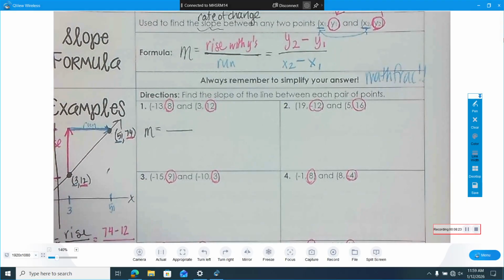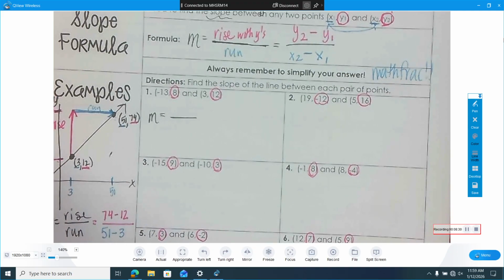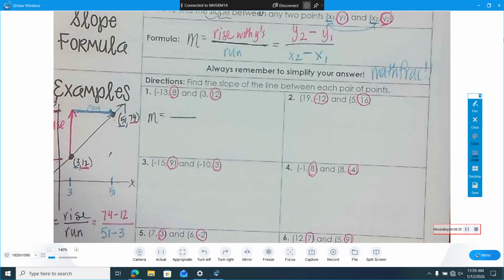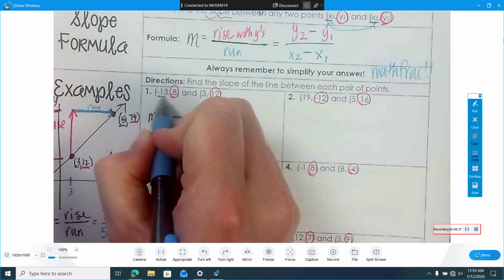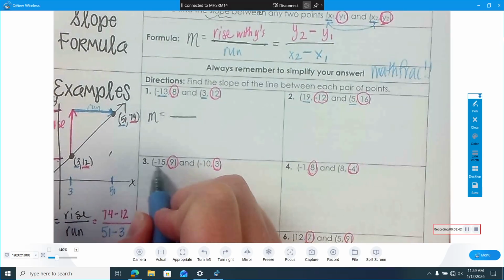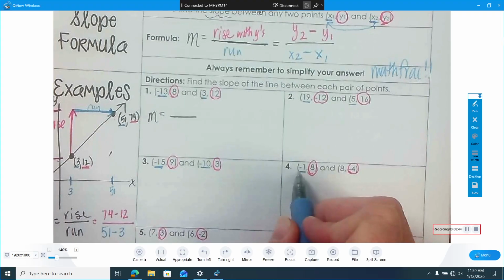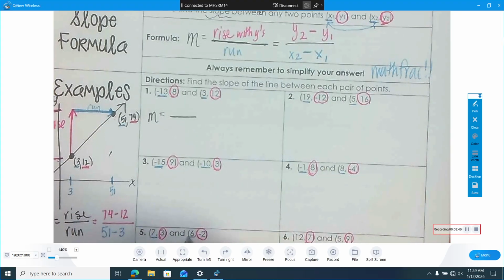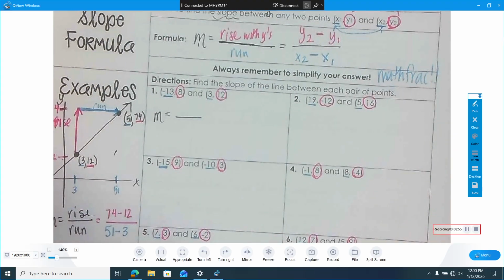So circle all the y coordinates, please, in one color. Now with your second color, will you underline all the x's? And the reason I'm having you underline the x's is because the x's go under the bar. Underline the x's because they go under, all right?